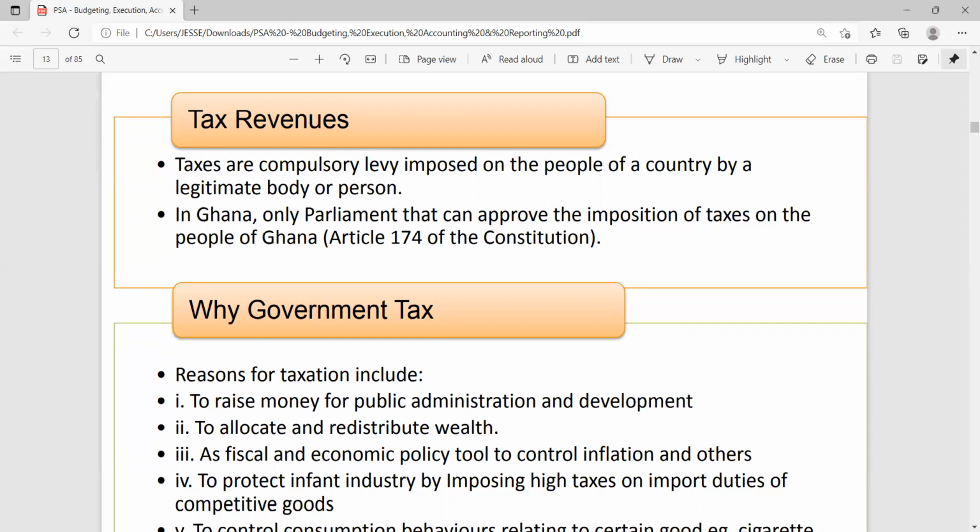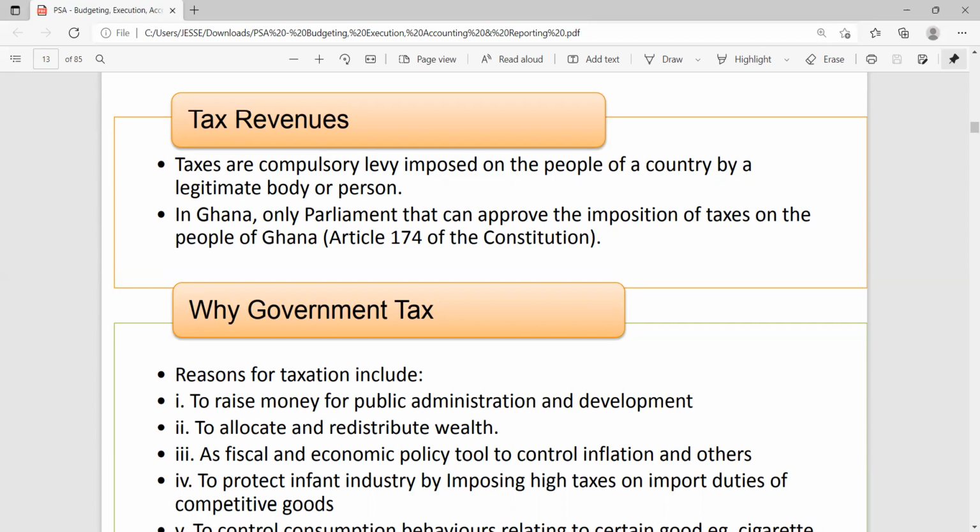So taxes are basically a levy charged on people of the country. In Ghana, only Parliament can approve the imposition of taxes on the people of Ghana.